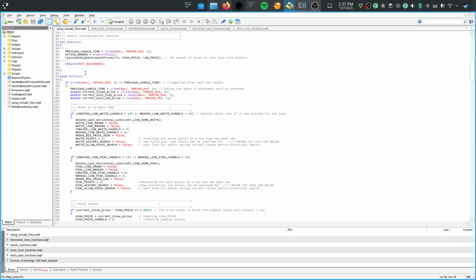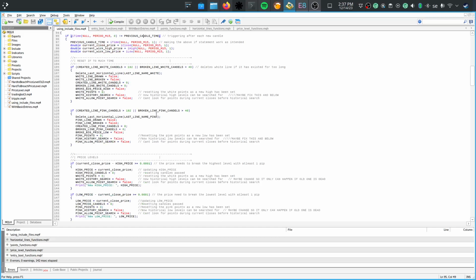However, I only want to look at candle closes. So I have a major if statement here. Every time the time of the previous candle isn't the same, I will trigger the on tick function. So it's here where the magic happens.